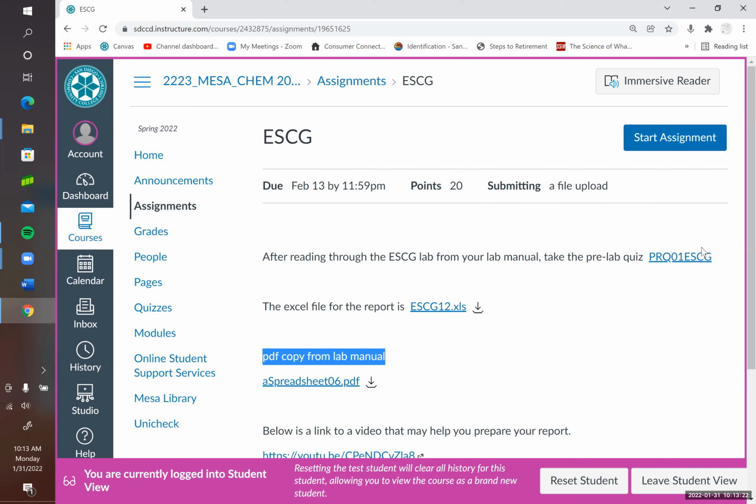And the idea is that these quizzes will help you pinpoint some areas that you may not know as much as you should. So you can say, oh, I better look that up, or I don't understand what that means, or what's the definition of this? That's the purpose of these pre-lab technique quizzes or pre-lab quizzes.